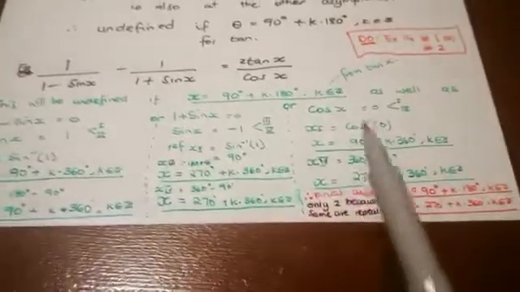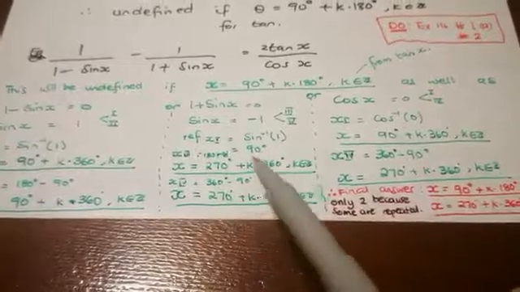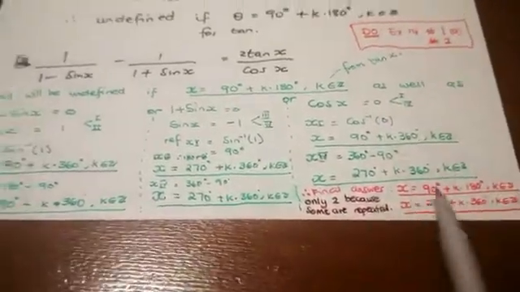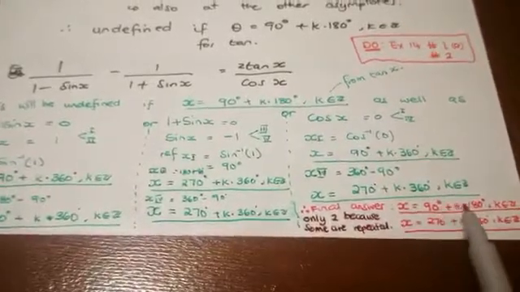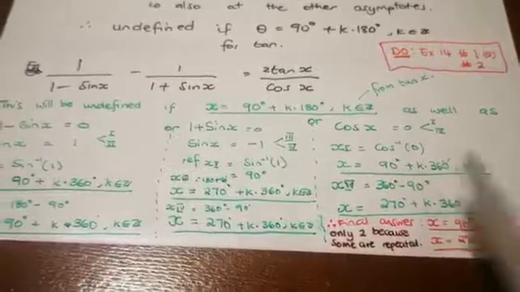Now you will notice that 90 appears 3 times, and 270 appears 2 times, and this is exactly the same as that. So I'm going to write that only once. Now I've got 90 plus k times 180 and 90 plus k times 360.